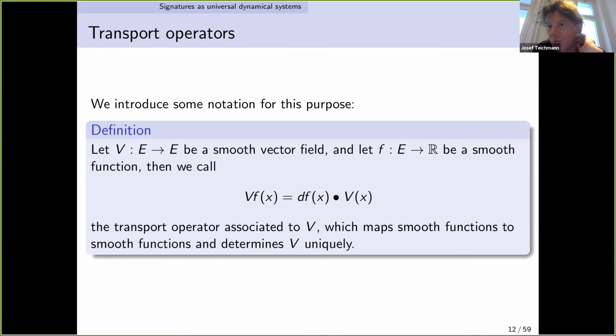And it is well known from geometry that the vector space of transport operators is under relatively generic conditions isomorphic to the tangent space of the underlying manifold or geometric object.